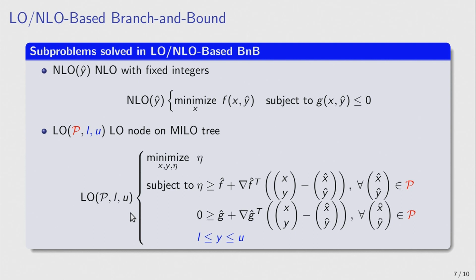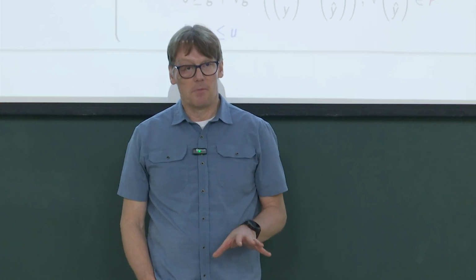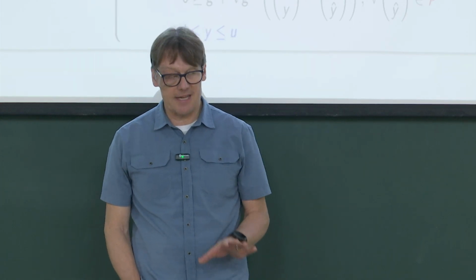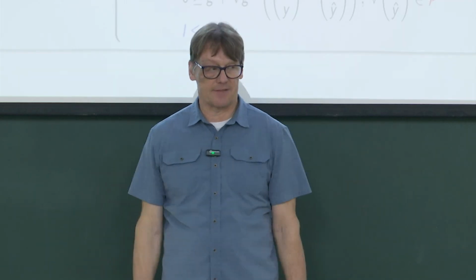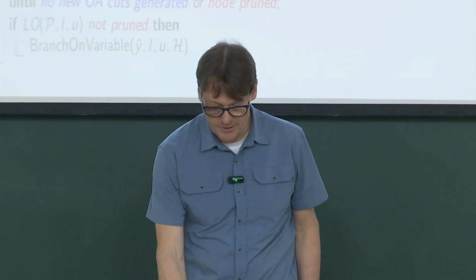So this linear optimization problem looks a little bit like the master problem that we have for Benders decomposition or outer approximation, but there are no integrality constraints here. Instead, we have these lower and upper bounds that indicate where in my tree this problem belongs. So this L and U tells you where inside the tree this problem is being generated.